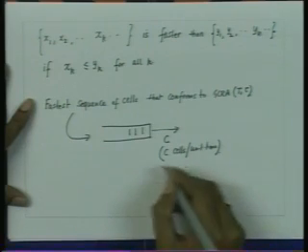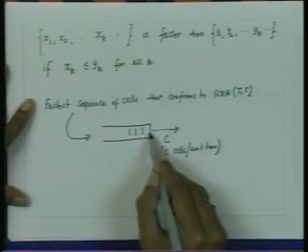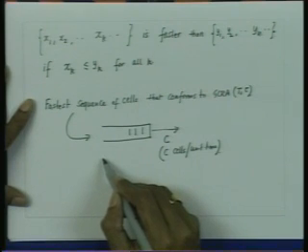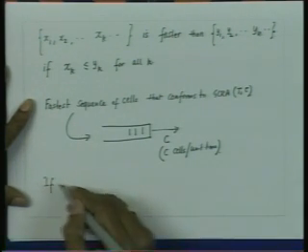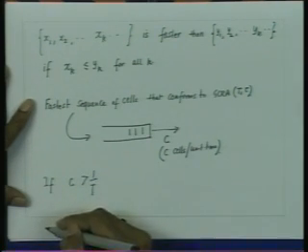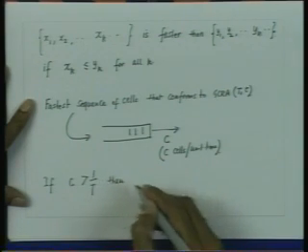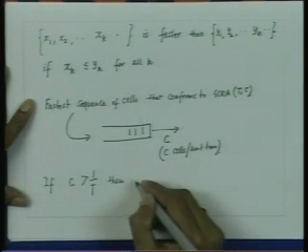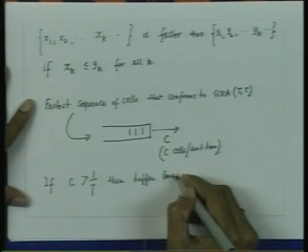Obviously this fastest sequence of cells will generate the maximum backlog. Now, we assume that C is greater than 1 by T, then the queue length or the buffer length will always be finite.